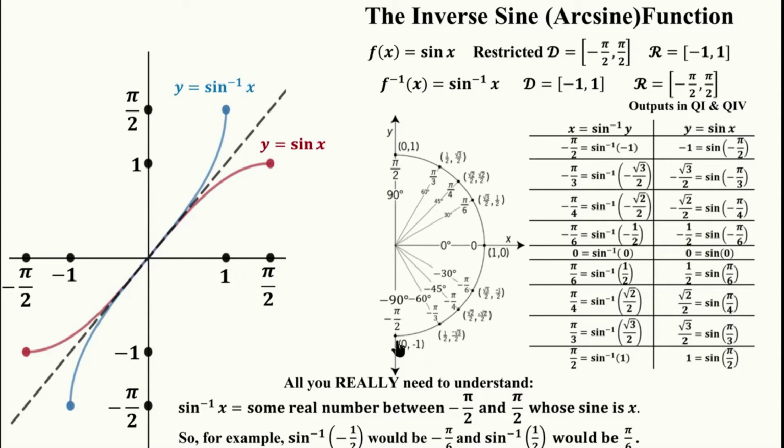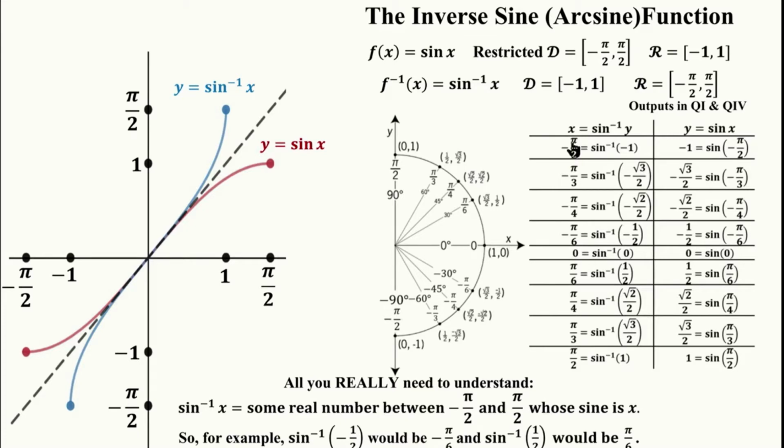So here we have created a new kind of unit circle. Normally we use positive values, but remember, for inverse sine, we're going to be dealing with angles starting here at negative π/2, and then we go up here to π/2. So we've listed some of the main unit circle angles here.